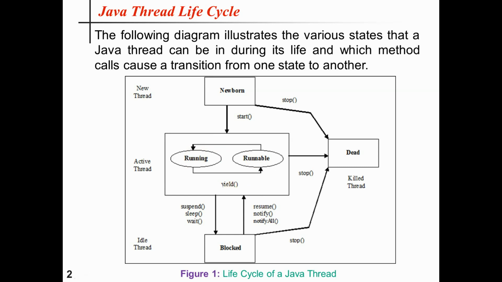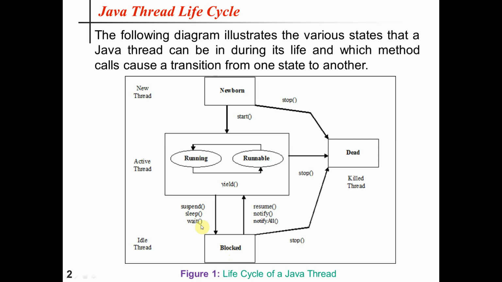Now talking about the blocked state, a running thread can be moved to any of the following blocked states. There are five. Number one, the first of the blocked states, is called waiting. A call to the java.lang.Object's wait method causes the current thread to wait.